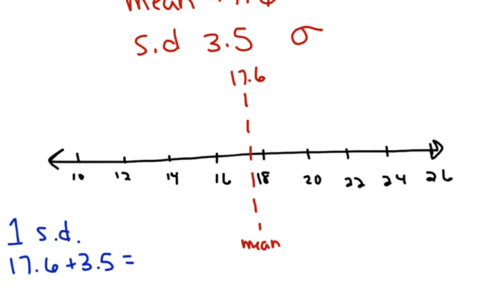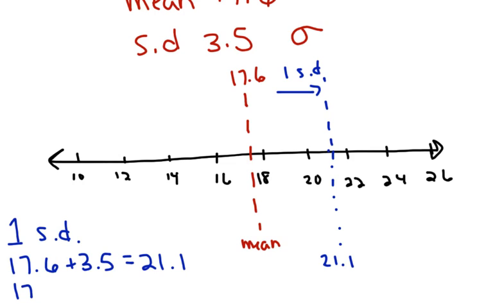17.6 plus 3.5 is 21.1, which would be about, let's see, if that's 20, that's 20, so maybe in here somewhere. We say that's one standard deviation away, but that's to the right of the mean.